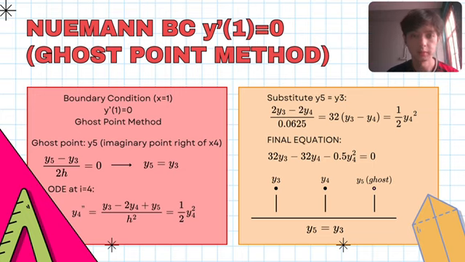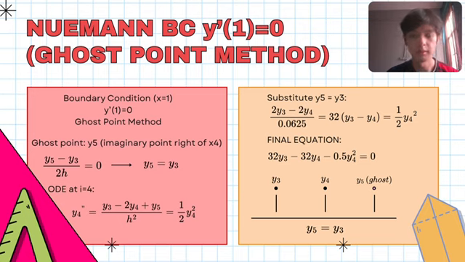and we get y3 minus 2y4 plus y3 over h squared equal to 2y3 minus 2y4 over h squared equal to 1 over 2 y4 squared. Then we multiply by 16 again, and we get 32 times (y3 minus y4) equal to 0.5 y4 squared.